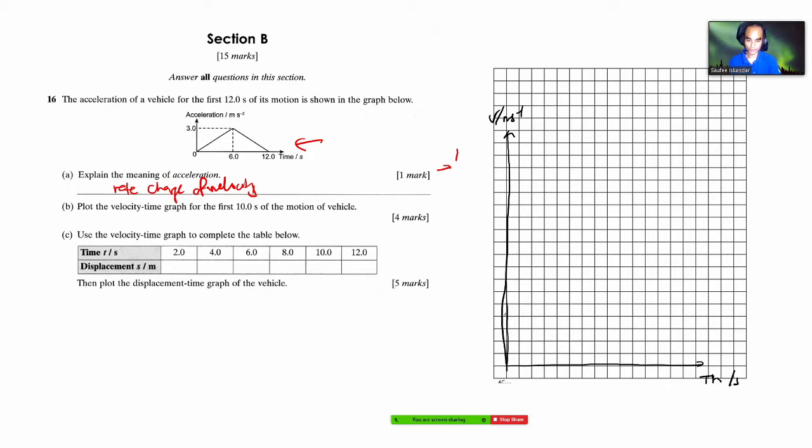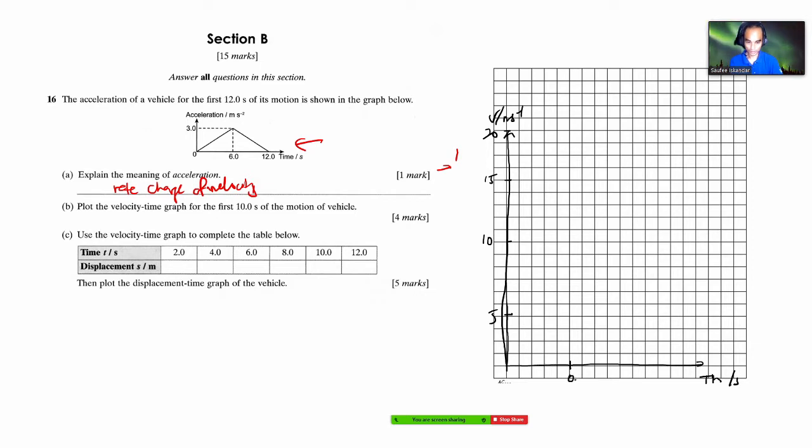So 1 2 3 4 5, that is 5; 1 2 3 4 5, 10; 1 2 3 4 5, 15; and 1 2 3 4 5, this is 20. And then in time we have 1 2 3 4 5.